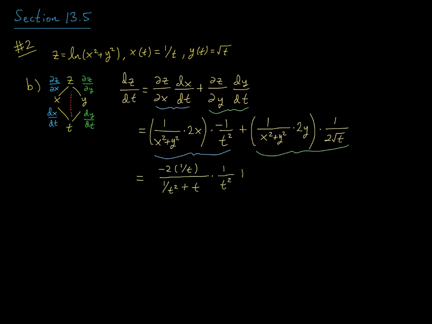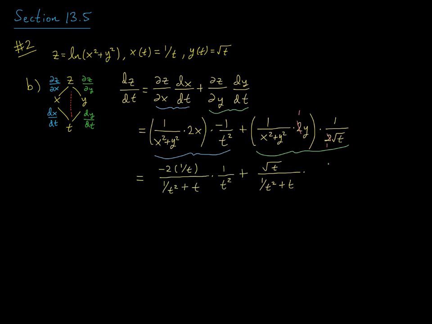Okay, cool. Now for the second part, notice I can divide out these factors of 2. Okay, and I'm going to go ahead and replace y with the square root of t. So I'm going to get the square root of t over this same denominator, which is 1 over t squared plus t.